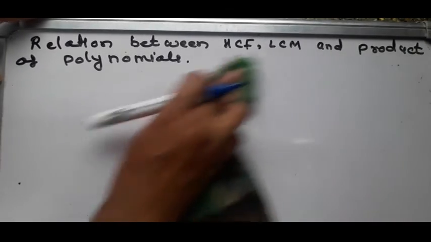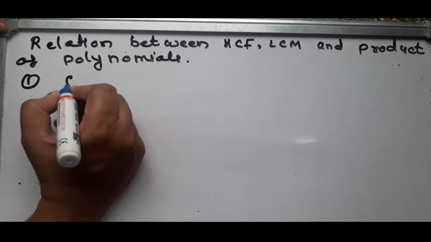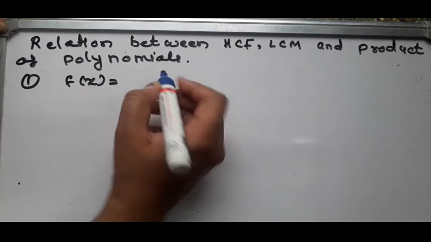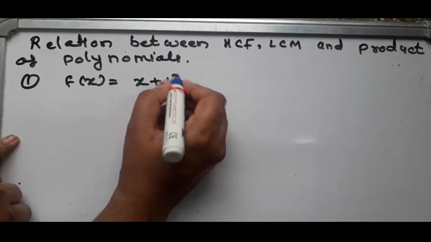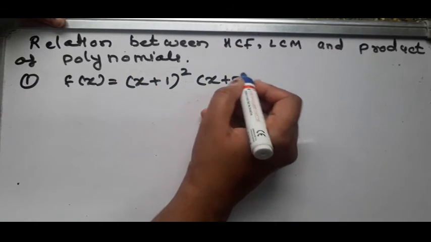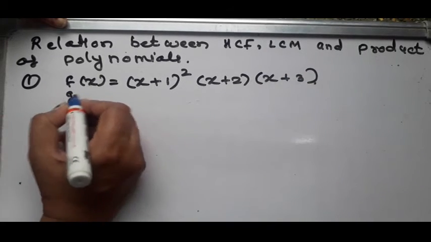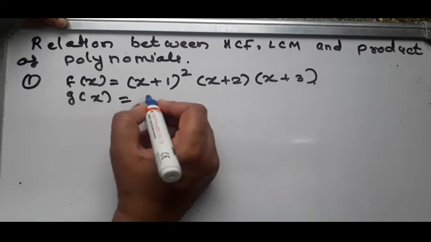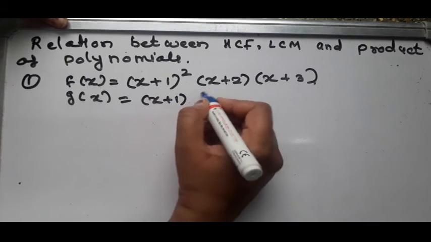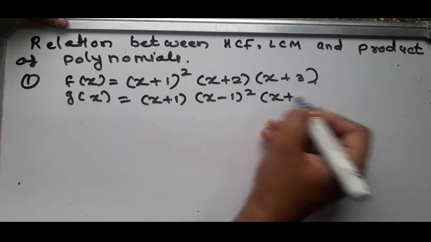See, our problem is f of x equal to x plus 1 square, x plus 2 and x plus 3, and g of x equal to x plus 1, x minus 1 square and x plus 2.